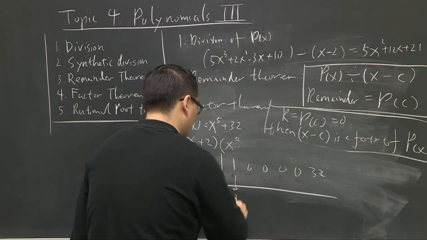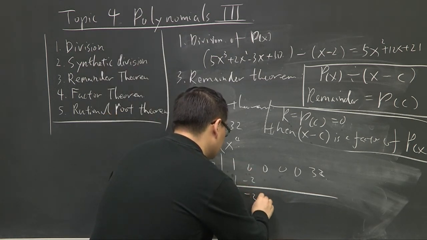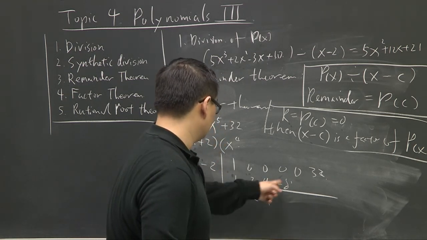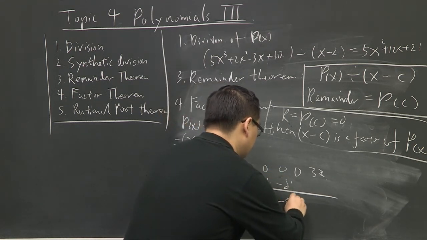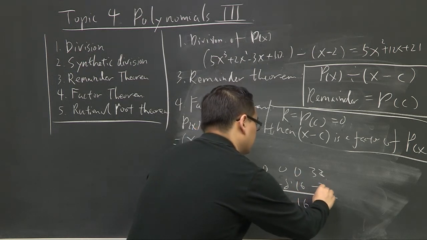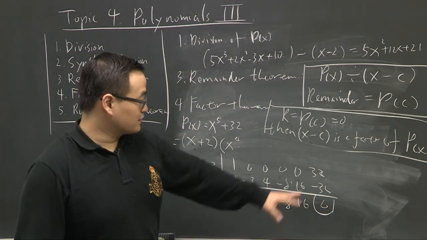So all I have to do is just do my synthetic division, and all should be good. Carry 1 down. Negative 2, add negative 2, 4, add 4, negative 8, right? Negative 8, add 16, 16, negative 32, 0, there, see? That's why it's a factor, because the remainder is 0.